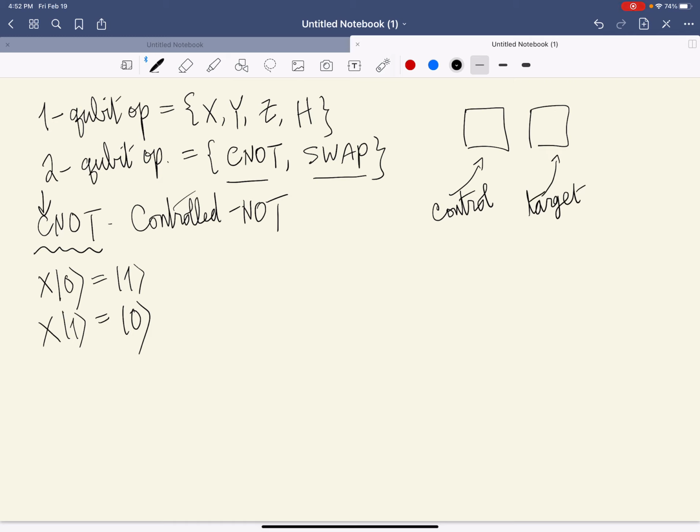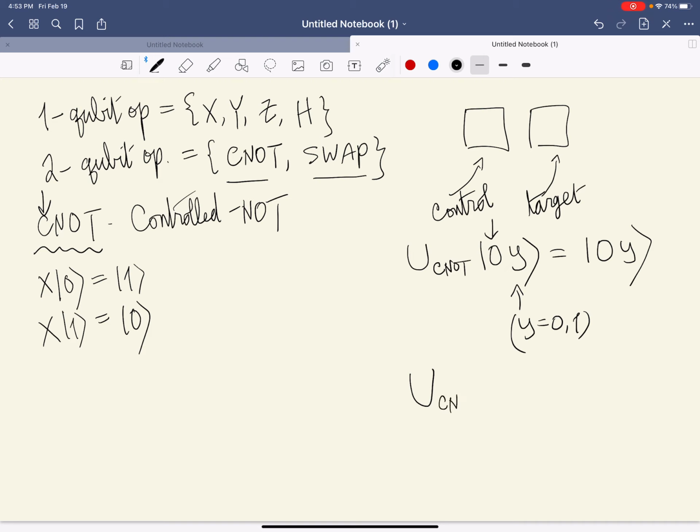And what the Cnot does is, when the first qubit is 0, then it does nothing to the second qubit. So no matter what y is, whether y is 0 or 1, there's no change in the overall two qubit state because the first qubit was in the 0 state.